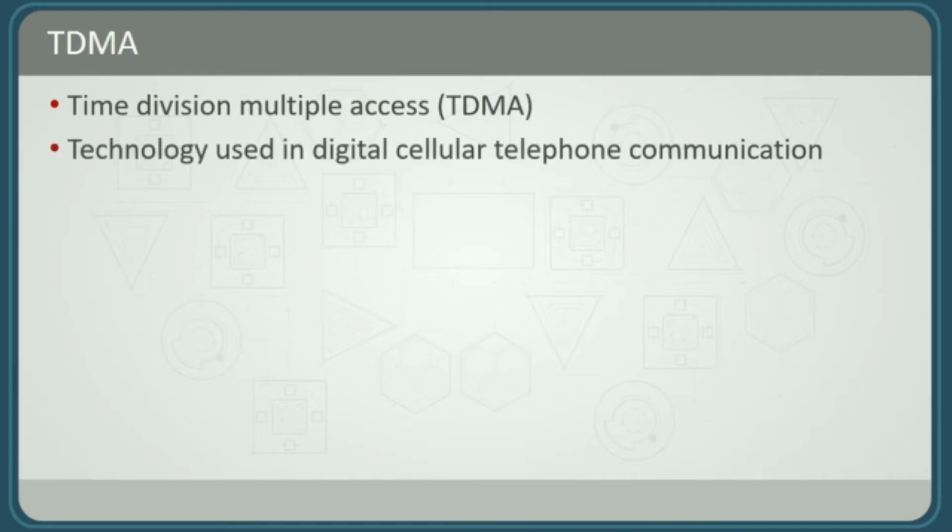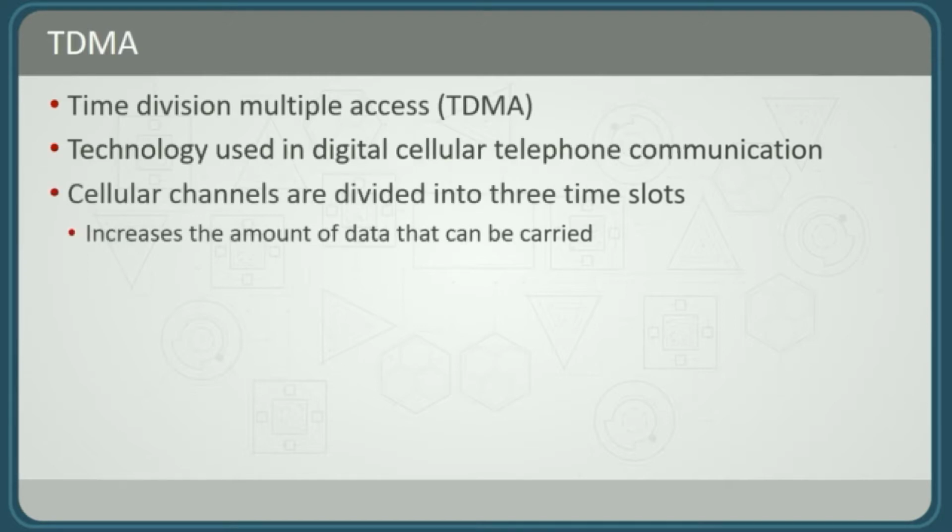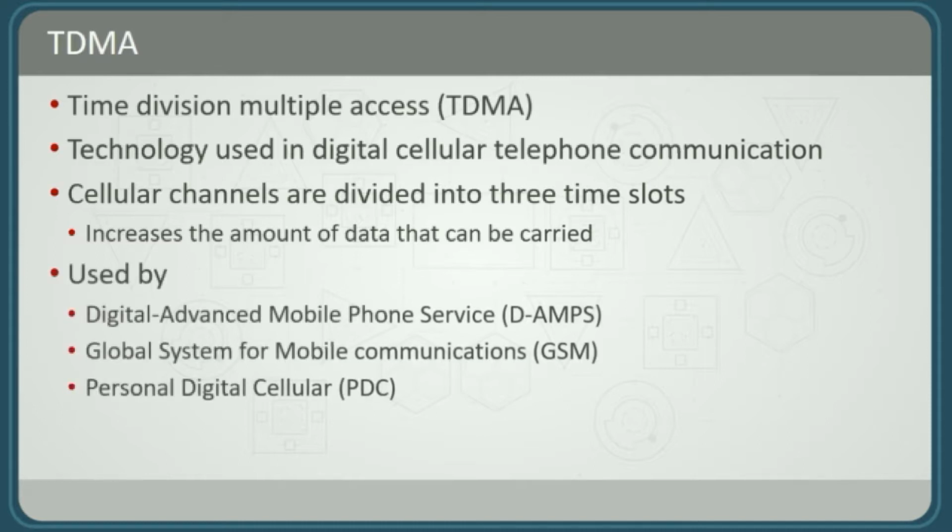So this is a technology used in digital cellular communication whereby the channels are divided into 3 time slots. This increases the amount of data that can be carried, essentially threefold. Now, this is used by digital advanced mobile phone services, or DAMPS, GSM that we just talked about, and personal digital cellular.